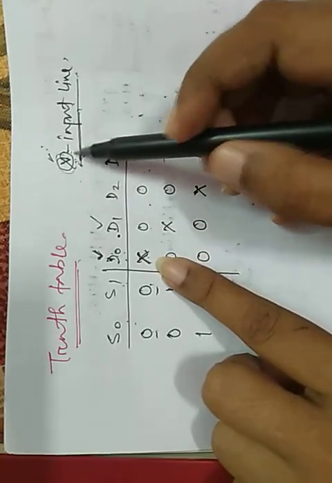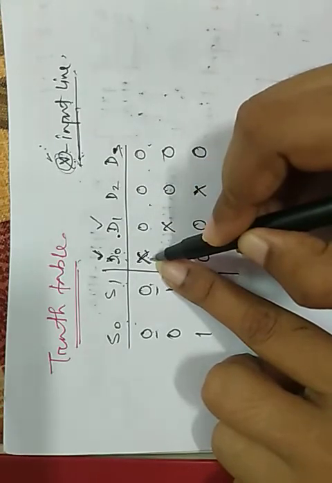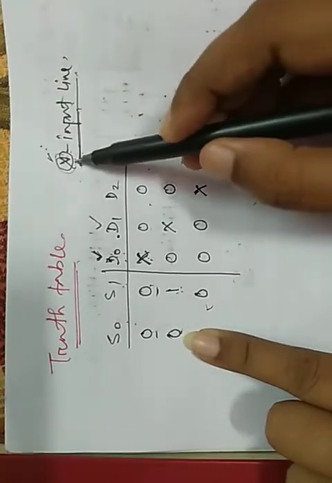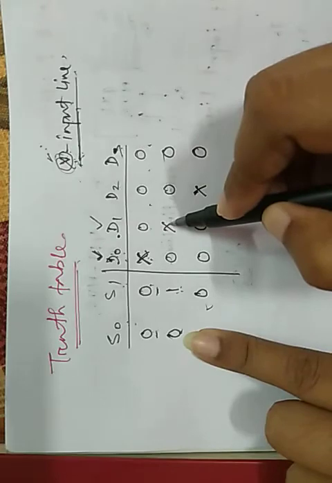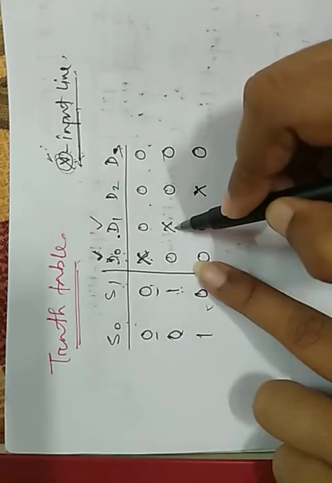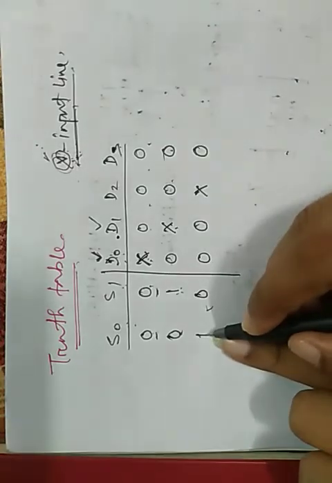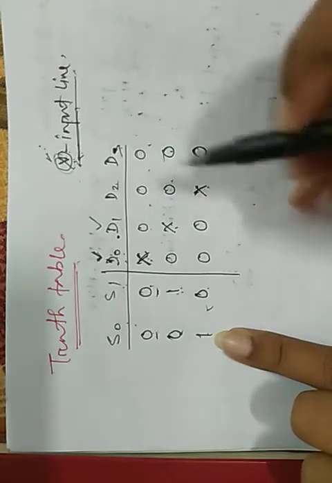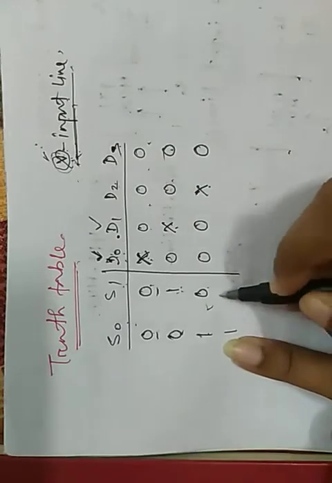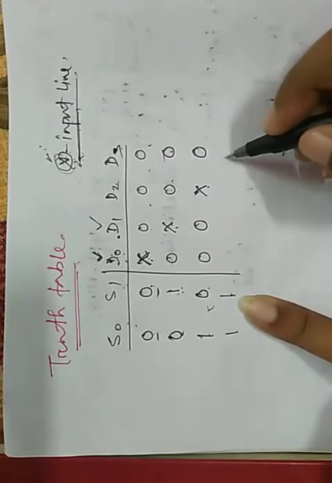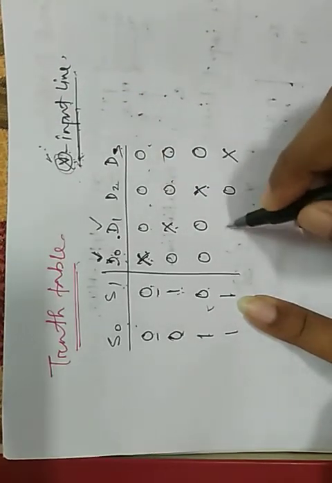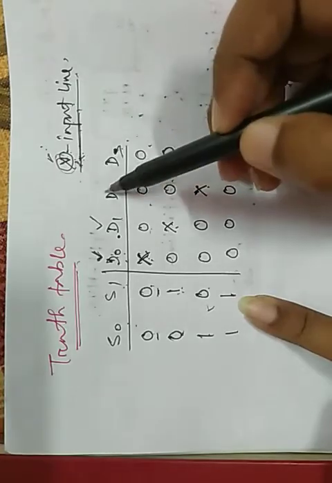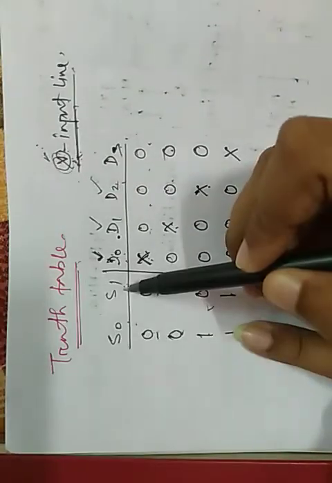Whatever the value of X, we get that output in the D0 line. If S0, S1 is 0, 1, we get the X input in the D1 output line, others are 0. If it is 1, 0, this input goes to the D2 output. And if it is 1, 1, we get the input value in our D3 output line, because there are 4 output lines and we get the input value in the output line according to our selection lines.